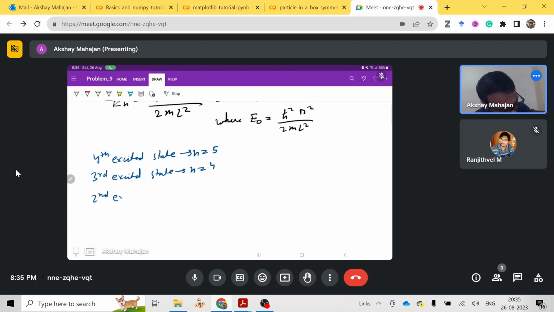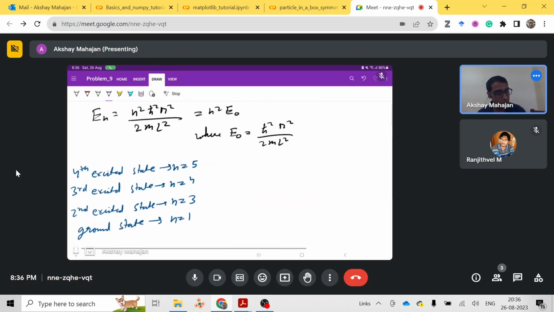Second excited state means n equals 3, and the ground state means n equals 1. I guess that is clear by this point. When you say nth excited state, n plus 1 should be the value. So fourth excited state means n equals 5.